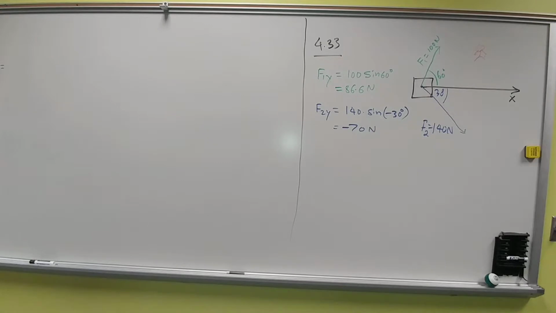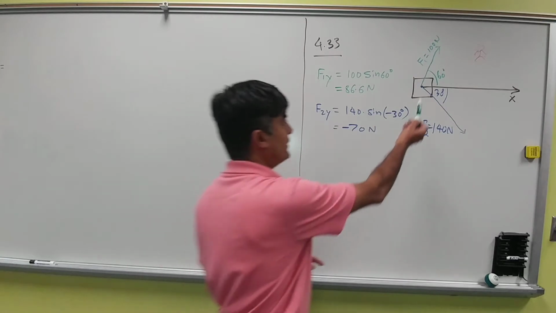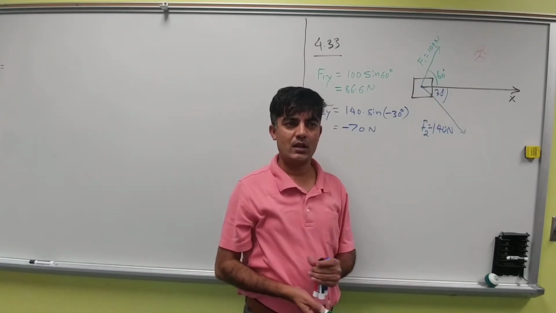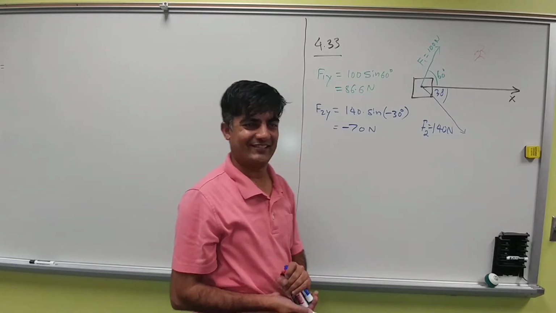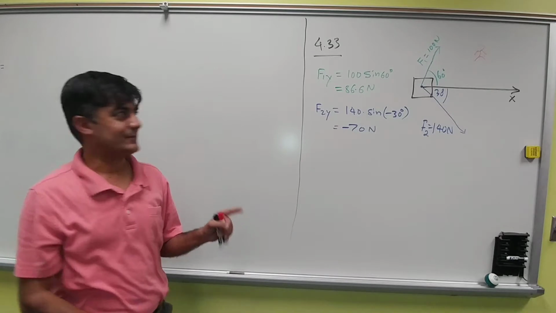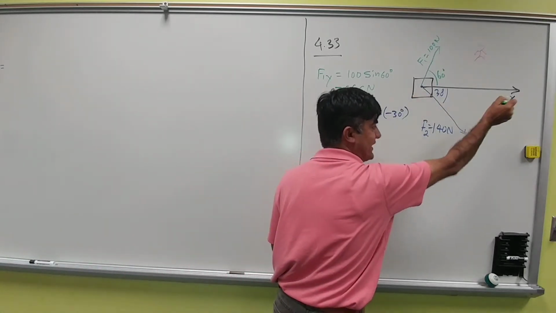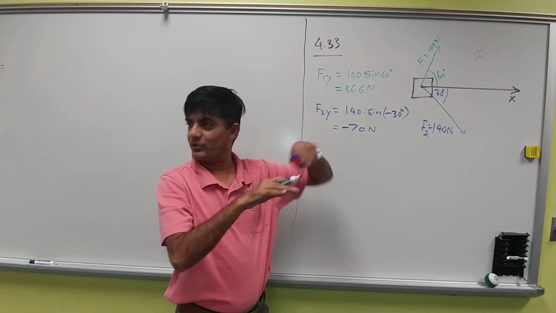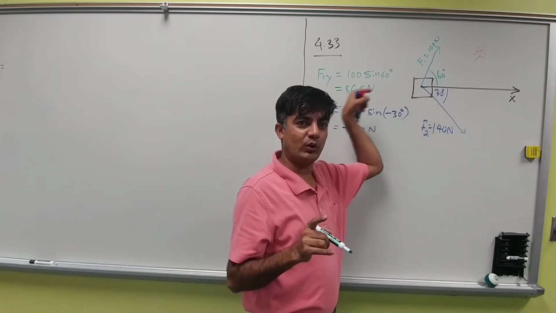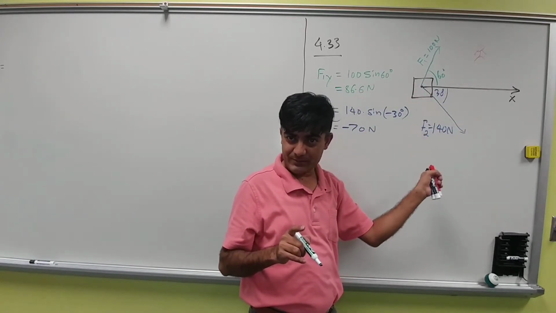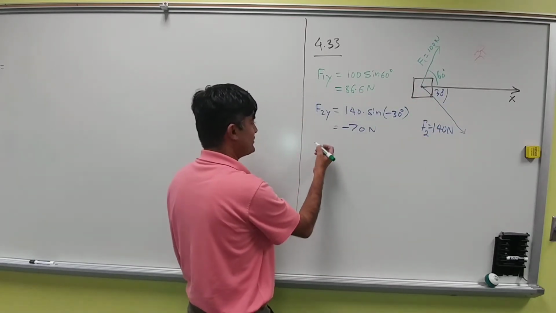No, no. So here's the thing. In order for this box to go straight on the x direction, your total y has to be 0. So now this is your child.